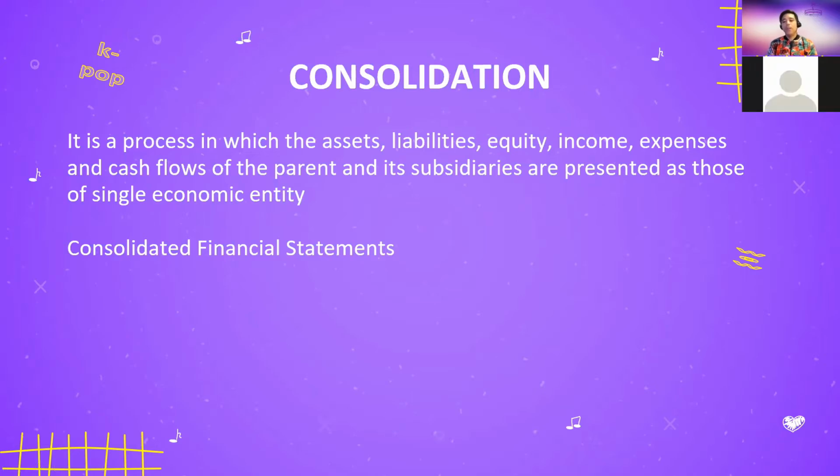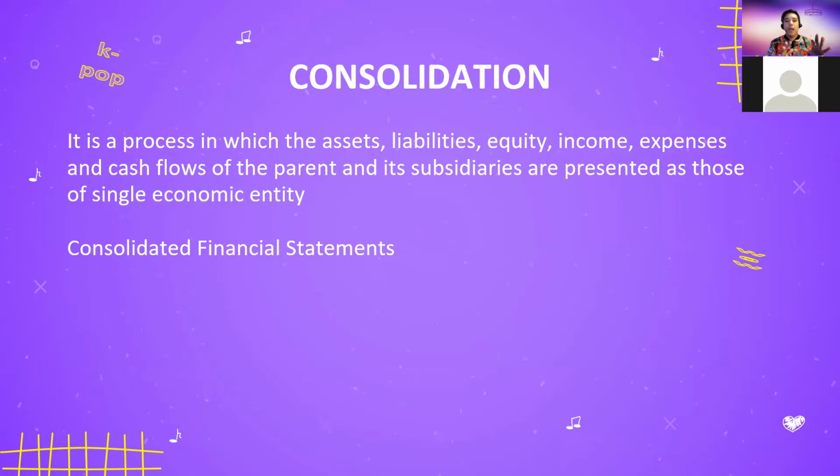Remember, in our previous discussion, we established the relationship between a parent and a subsidiary. Basically, if an entity takes over 50% or more than 50% of an entity's shares, it essentially takes over control over that entity.